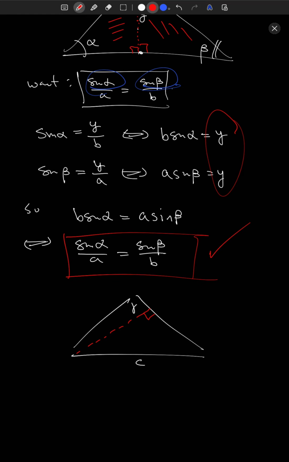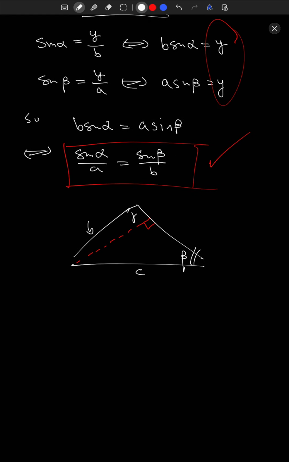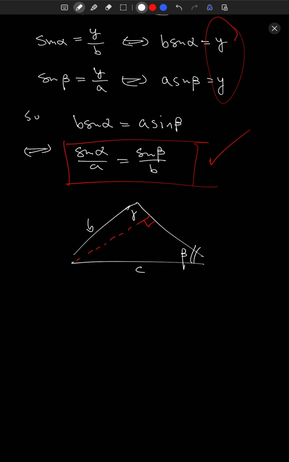And then that would relate, so this one I called beta, this one, I don't need alpha this time. This one will be b, right? If I drop the perpendicular this way, then I would have two right triangles again, this one here and that one there, right?